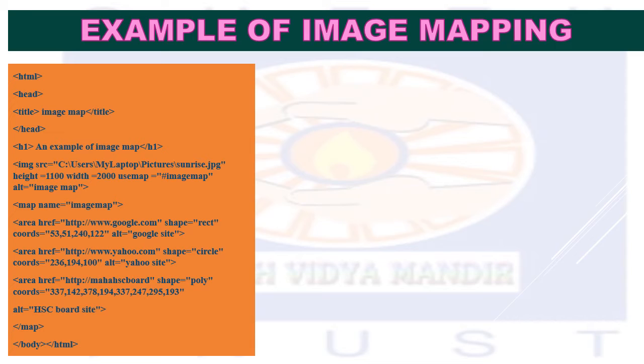It is the same as the IMG src tag, but here we are giving the area. That means in a particular image, when I click, I am clicking on the rectangular shape hotspot. In image mapping, this particular word, hotspot, is very important. Understand that.